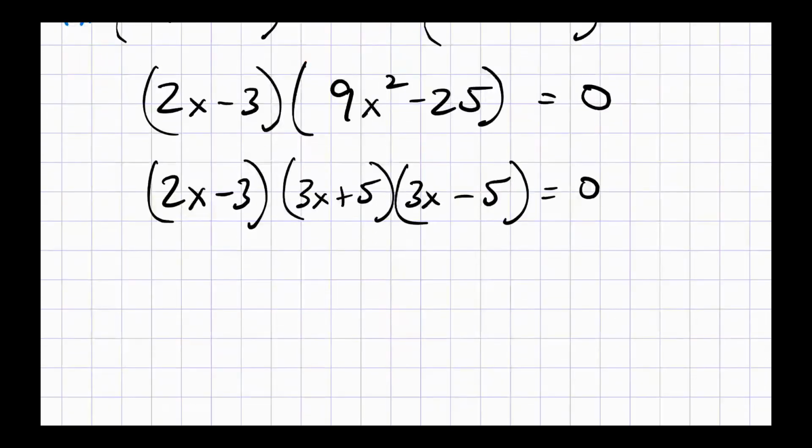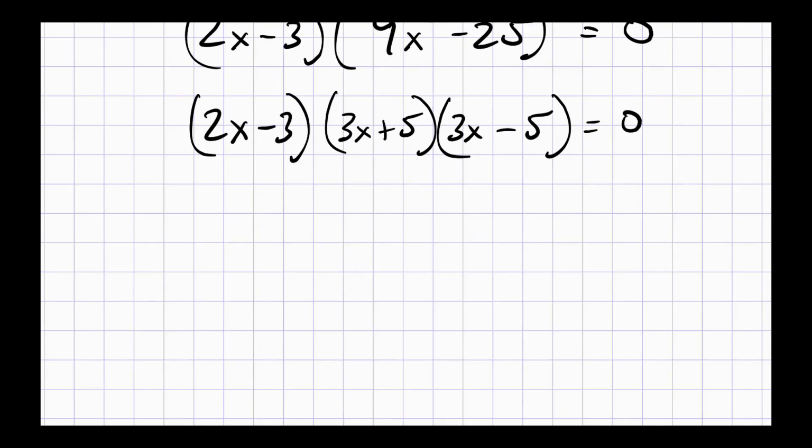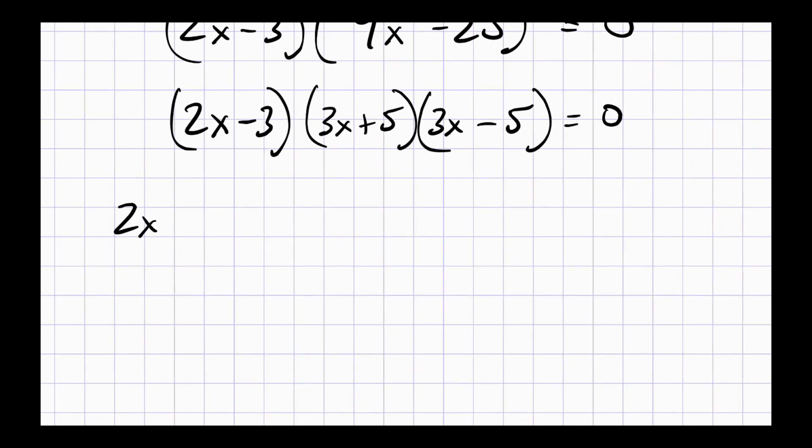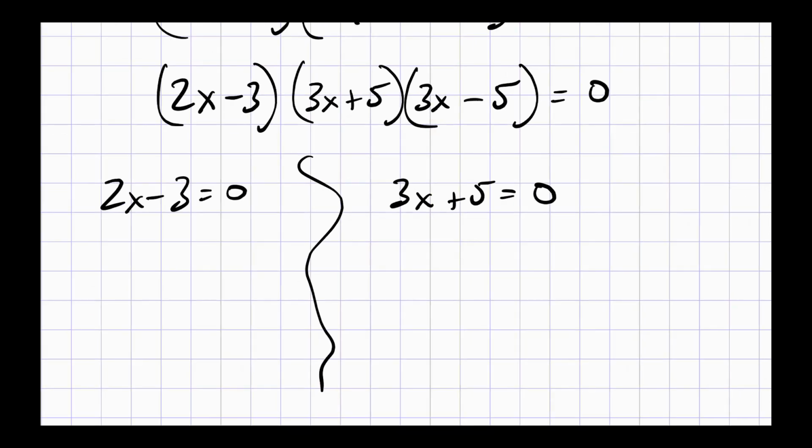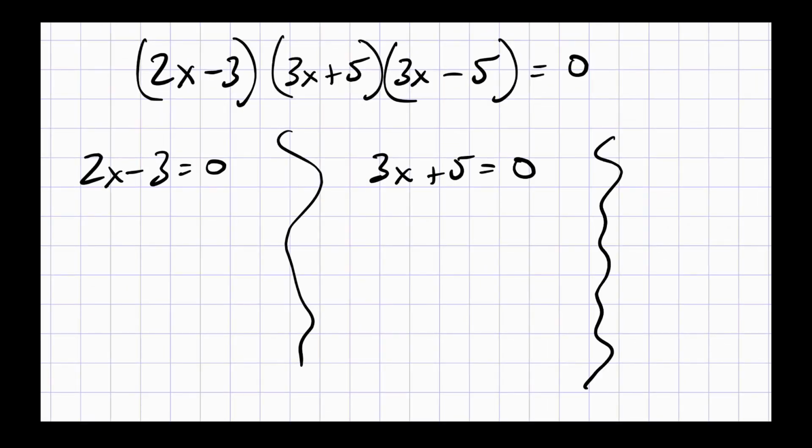Okay. Now I have 3 columns I'm going to need, because I have three different parts that I need to solve. So the first one is here. The second one is here. The third one is here.